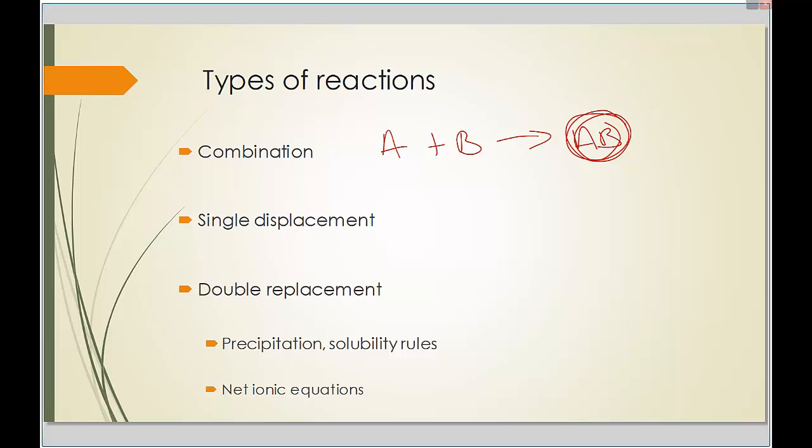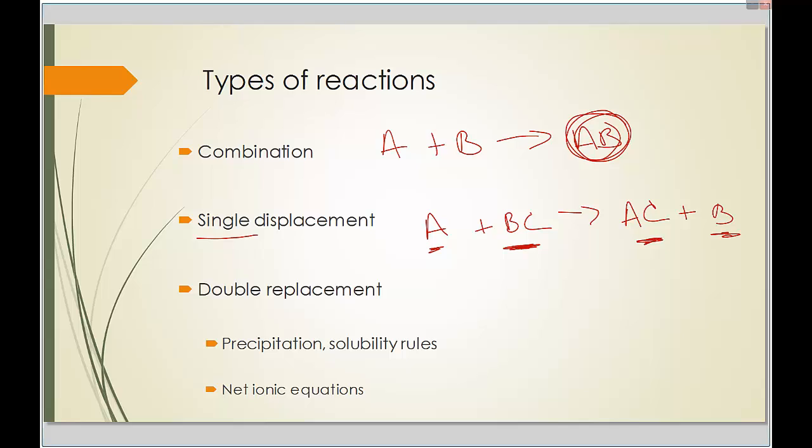Single displacement, that's when you have an element and a compound and something's getting removed. Like for instance, now we have AC and now B is all by itself. So you have an element and a compound on both sides.